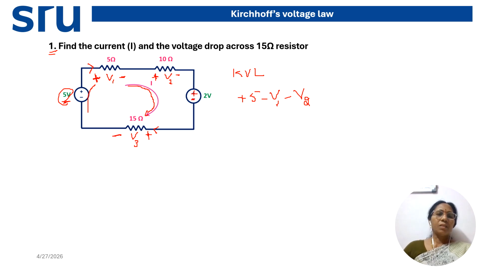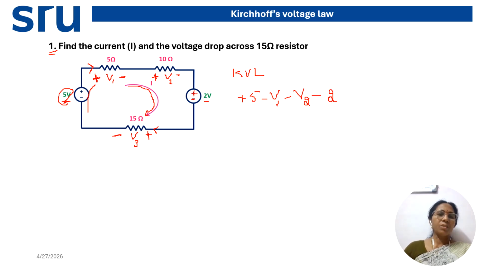Then the third element is the 2 volt source. Now we are crossing this from plus to minus, that's why it is also minus, and the magnitude of the voltage source is 2. So we are crossing plus to minus, that's why it is taken as minus 2 volts.